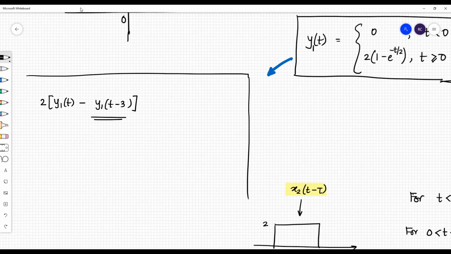That means between t equal to 0 and 3, y1(t-3) has not even featured yet, because y1(t-3) is the signal that you get after shifting y1 by 3 units, right? So in this interval, this function is nothing but 2y1(t).